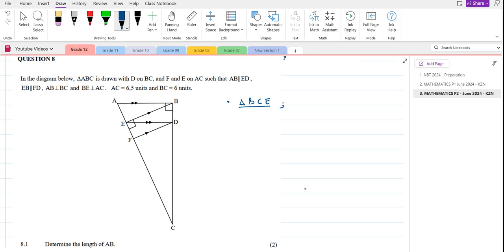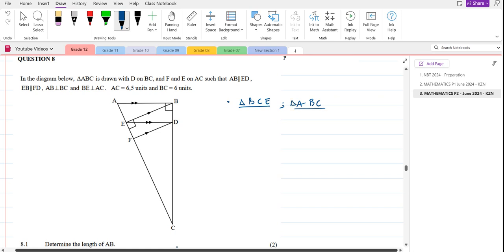Why is it triangle BCE? Because we got FD parallel to EB, and the big triangle BCA or ABC, and we have triangle ABC. These are the two proportionality theorem triangles that have a parallel line in them. Now solving this problem, determine the length of AB.